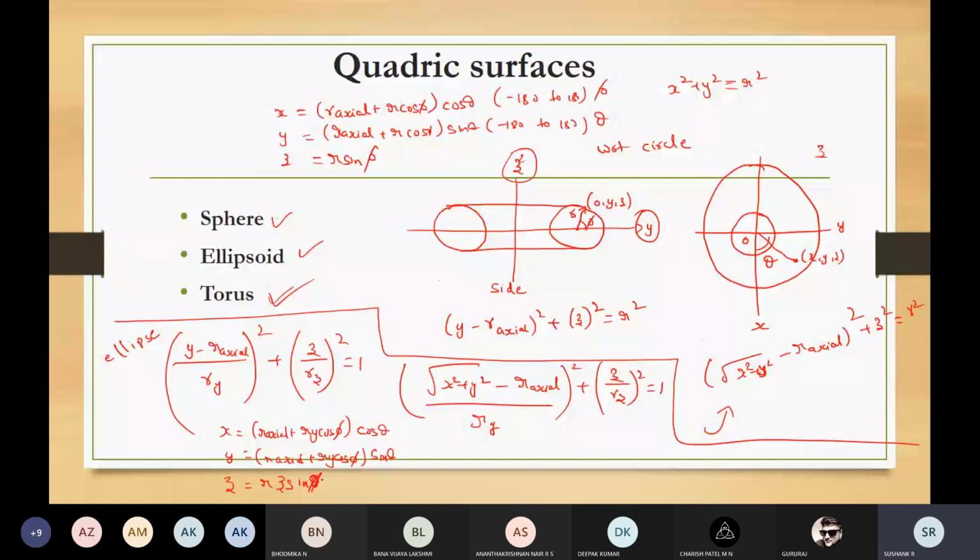These are the parametric equations when you derive this torus from the ellipse. This is how the torus can be generated.